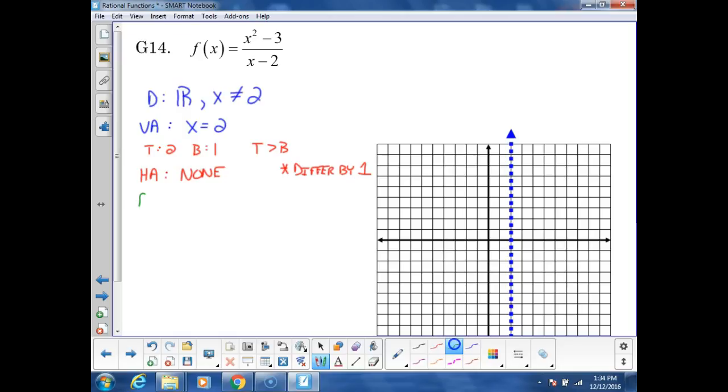So f of 0 is going to be 0 squared minus 3 all over 0 minus 2, which tells me that I have a y-intercept at 0, comma 3/2.